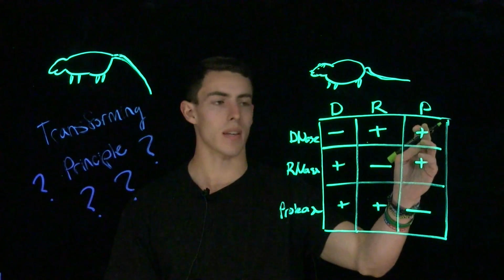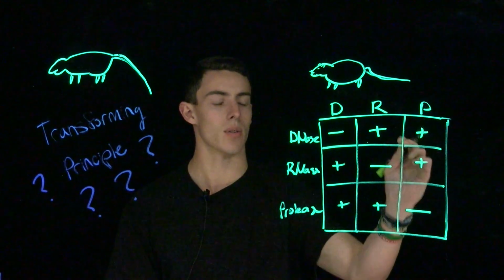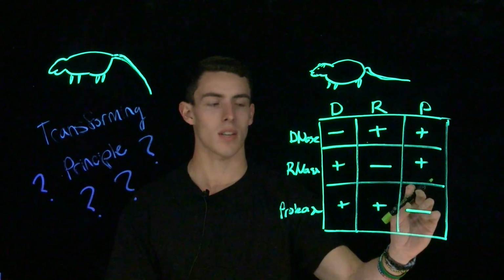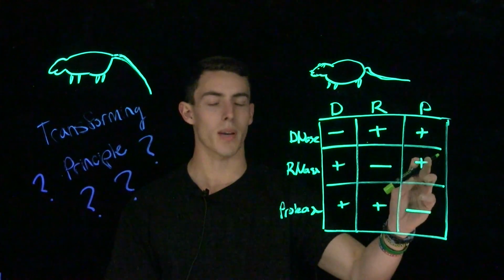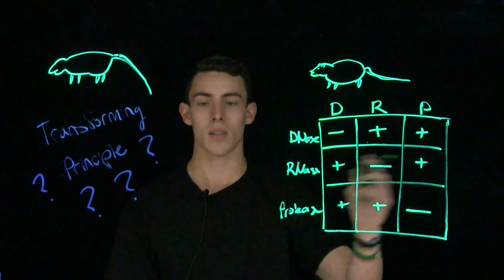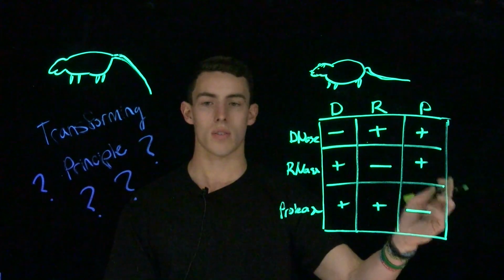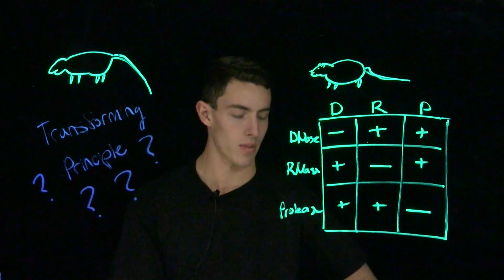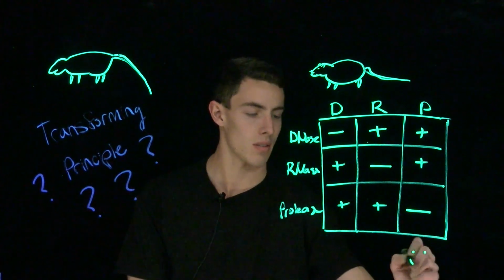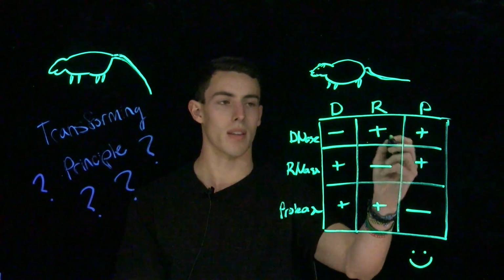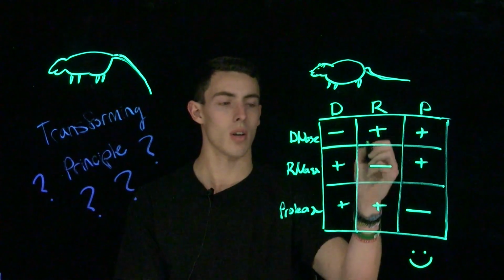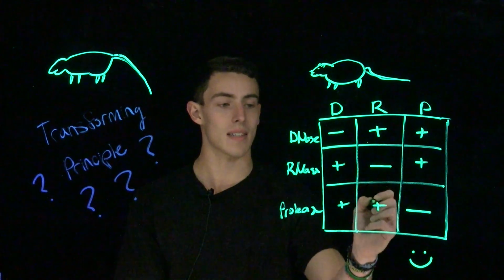So the first test they completed, there was DNase, there was RNase, and there was protease. And so this solution was mixed with the inoculation with the heat-killed virulent and the non-virulent strains, and they found that the mice survived. Again, they completed another one that contained DNase, but not RNase, and did contain protease.